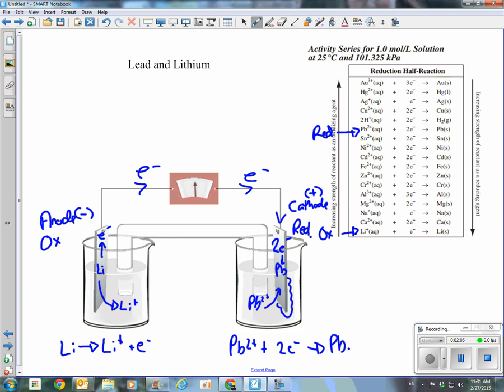Okay, so what's going to happen here is on the lithium side, we're going to get an increase in concentration of the positive ions. So then whatever negative ion I have in here, so let's imagine here that it's salt, or NaCl, so Na+ and Cl-, what's going to happen is the chlorine is actually going to go on this side in order to balance that out.